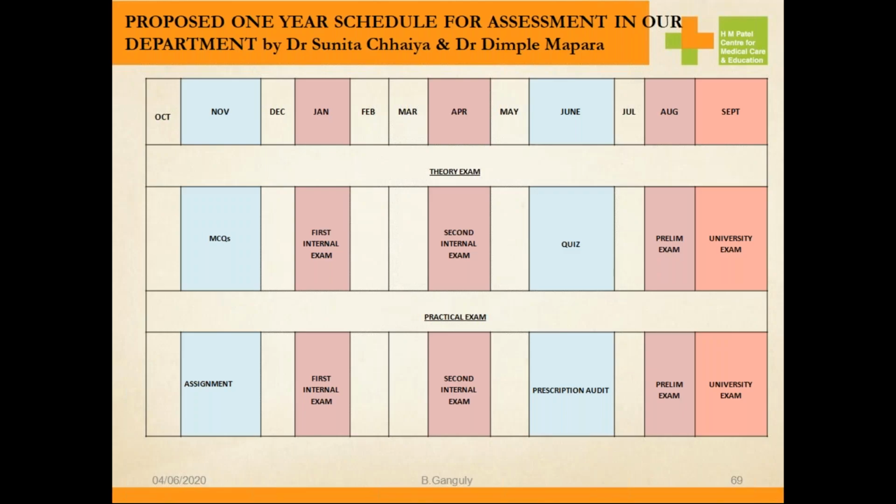What I was mentioning is that I have a reservation in conducting MCQs in November because of the limited content. Otherwise, we can keep them more frequent, because we can only assess the general pharmacology portion here. Then in January, first internal, April, second internal, and in June, quiz.